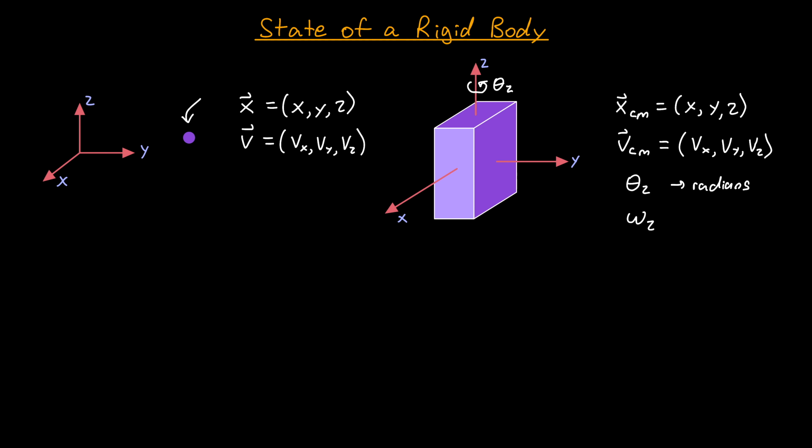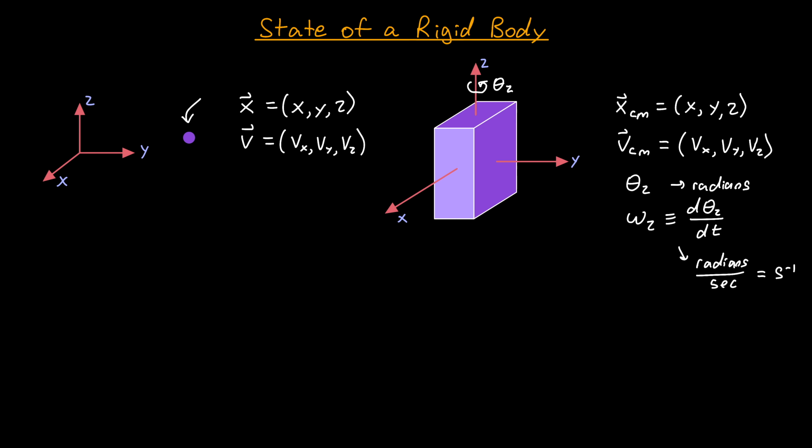What that means is omega, which is defined as the derivative of theta z with respect to time, is going to have units of radians per second. And again, because radians are unitless, the more compact way to write this is 1 over seconds, or seconds to the power of -1.